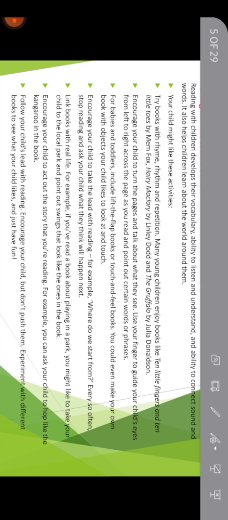And for example, you can ask your child to hop. It is as simple as that. So can you hop like the rabbit or the kangaroo in the book? So you are asking them to act out, to do role playing.